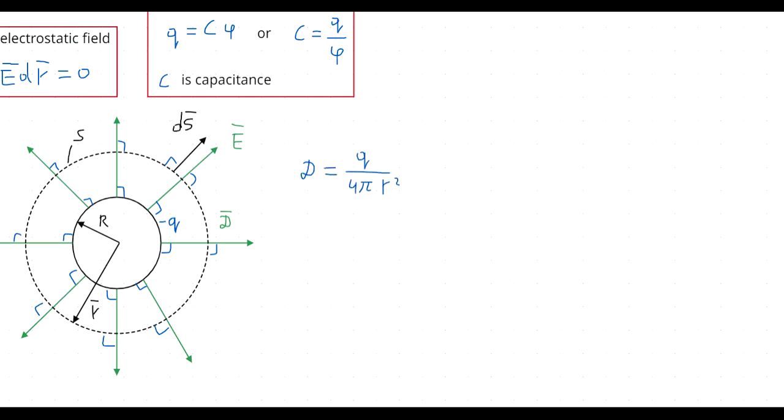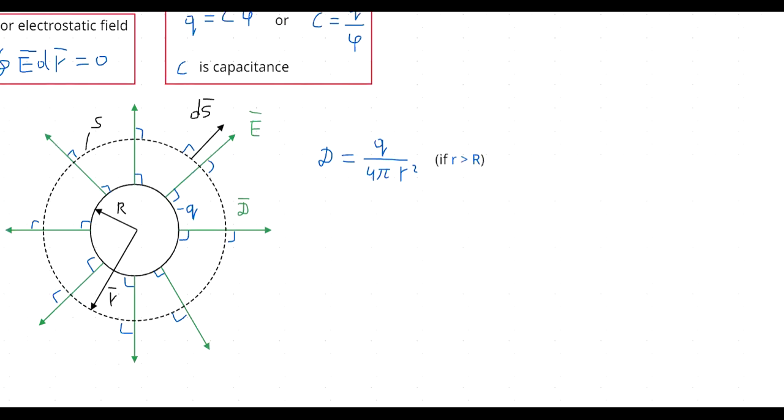And of course, it is necessary to write that this is if R is more than the radius of the ball, because in another case the electric displacement vector will be equal to 0.